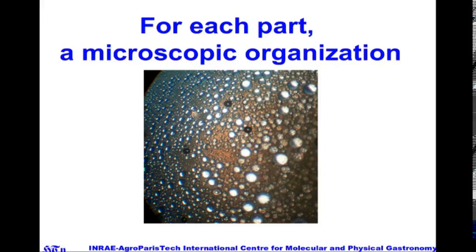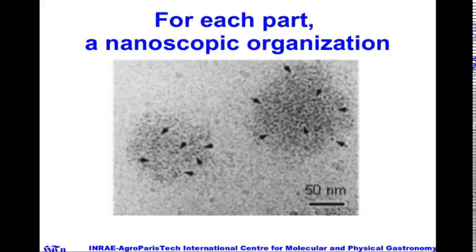The macroscopic organization reveals some parts, and all these parts have each of them a microscopic organization. And now, if we look at the various parts in this microscopic organization with a stronger microscope, let's say a nanoscope, then we will see a nanoscopic organization.